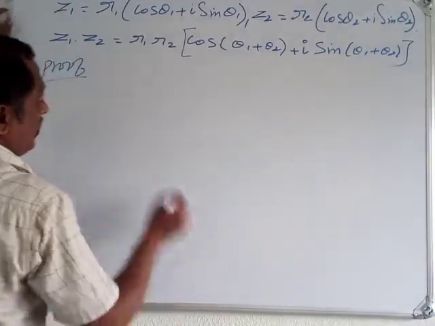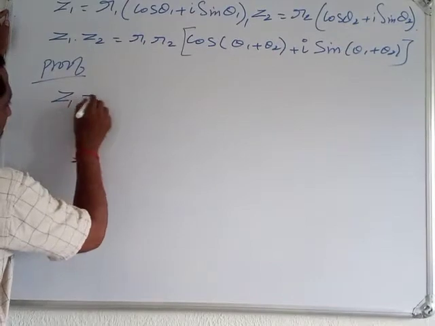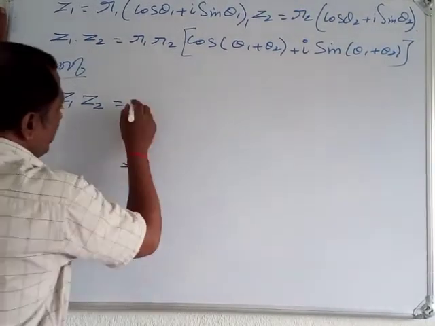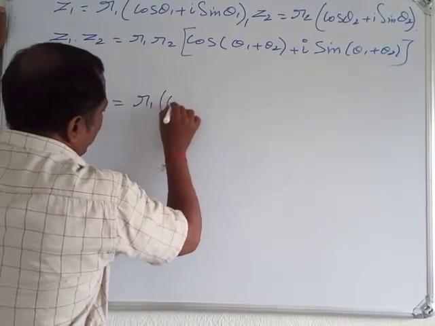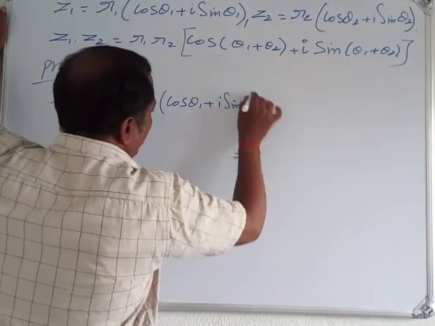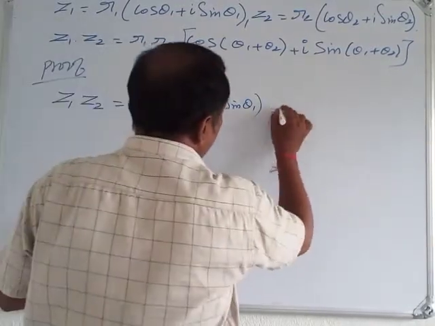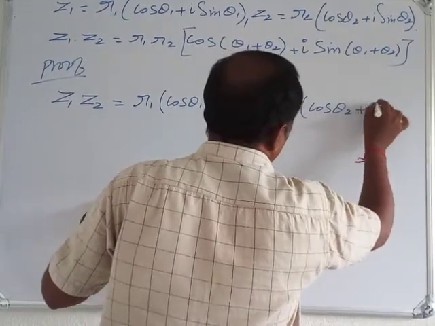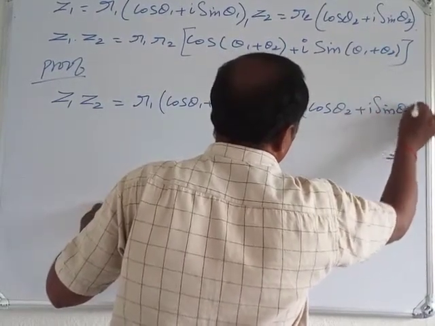Proof. Z1 and z2, two complex numbers, are given. So we have to multiply the two complex numbers. Z1 into z2. Z1 is r1 into cos theta 1 plus i sin theta 1. Z2 is r2 into cos theta 2 plus i sin theta 2.